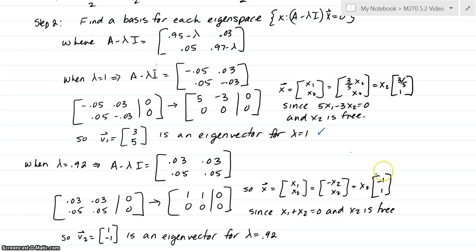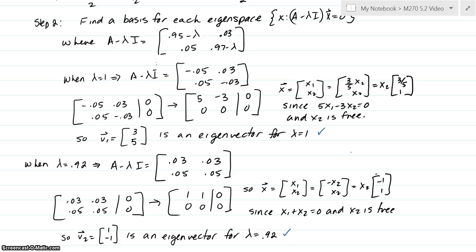And what I'm going to do is pick an eigenvector. I just don't want there to be a negative here, just for simplicity. So I let x2 be -1, and I'm going to let v2 be 1, -1, and it is an eigenvector for 0.92.